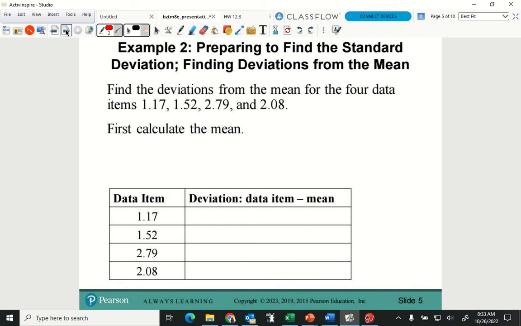So let's do that. We have 1.17, 1.52, 2.79, and 2.08.